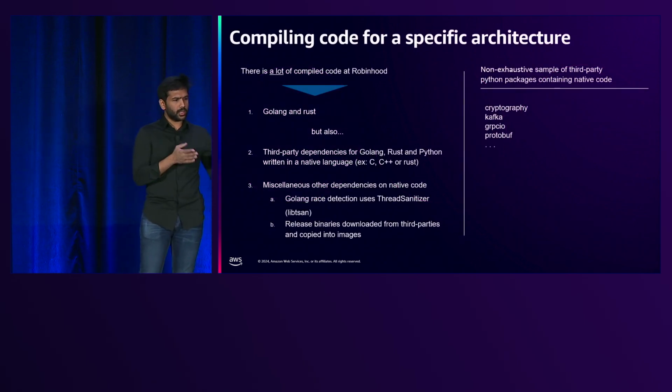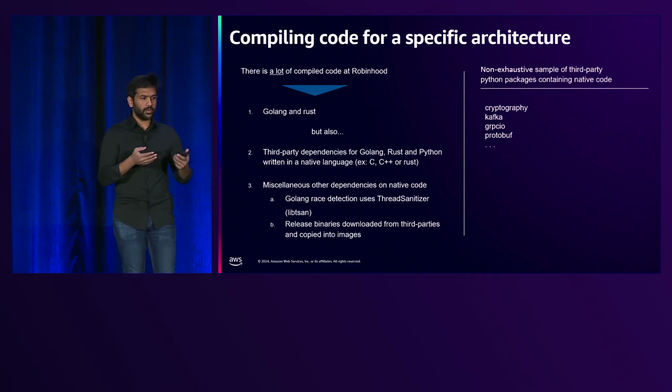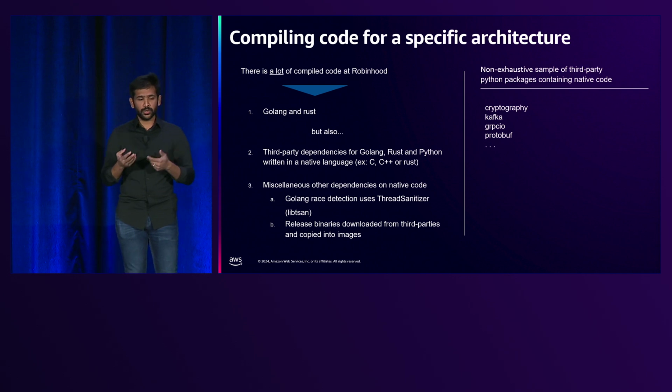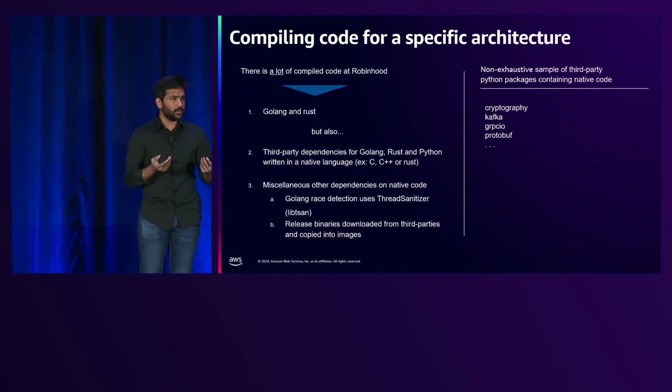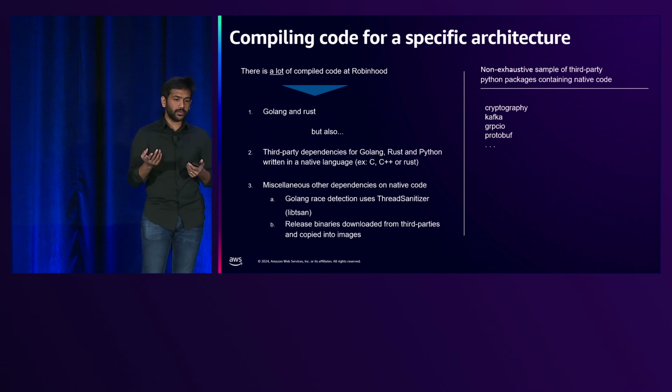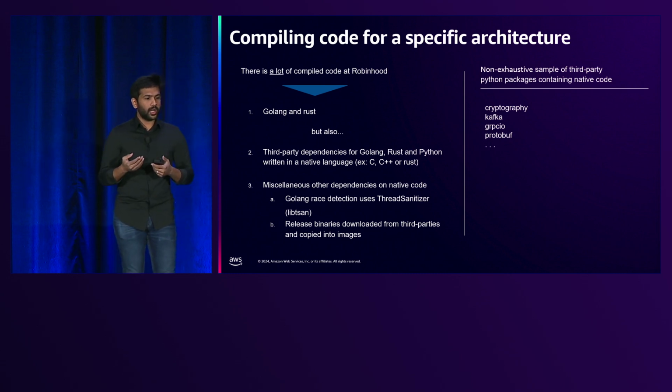To set the stage, Robinhood has a lot of compiled code, even though we use Golang. There are certain dependencies that use native languages like C, C++, or Rust. In addition to that, we have a lot of services on Python, and they have certain packages in native code as well.